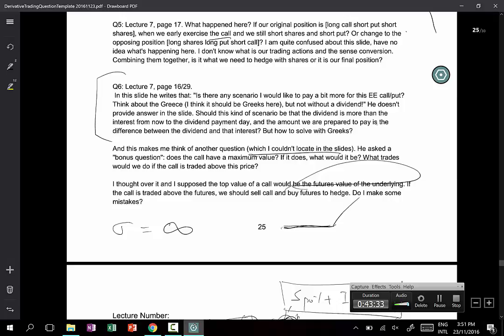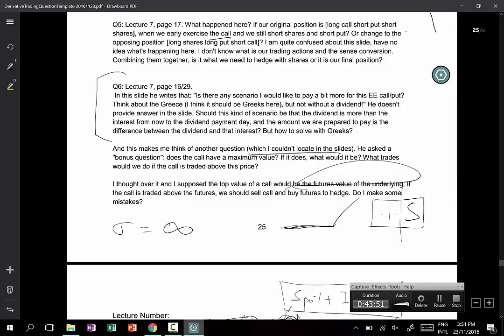If you just go long a stock, what is your worst case? Your worst case is the stock goes to zero, and you lose all your money, which is equal to S.